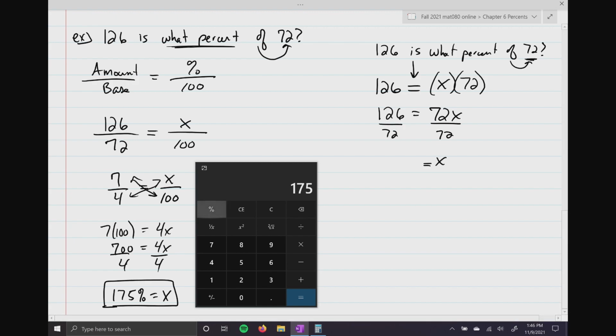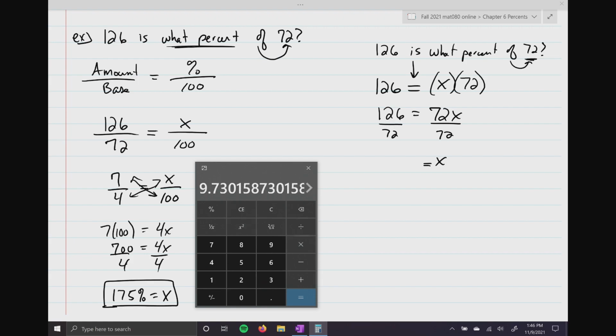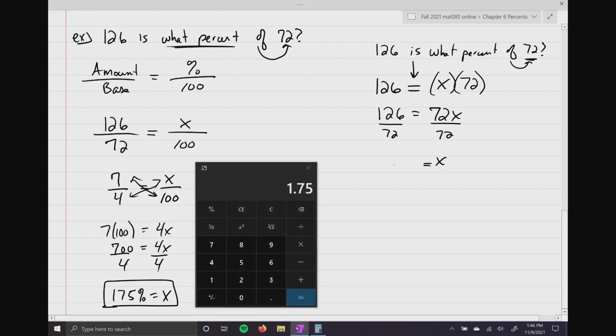When I do that, 126 divided by 72, that's why I hate using these calculators, equals 1.75. However, and this is the only reason why I don't like the just-set-up-the-equation method, this is a decimal number.